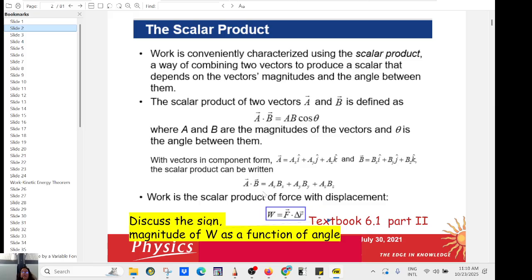So you say the dot product will be x component of A times x component of B plus y component of A times y component of B plus z component times the z component of B. Okay?